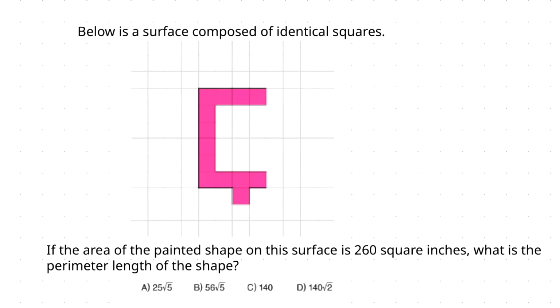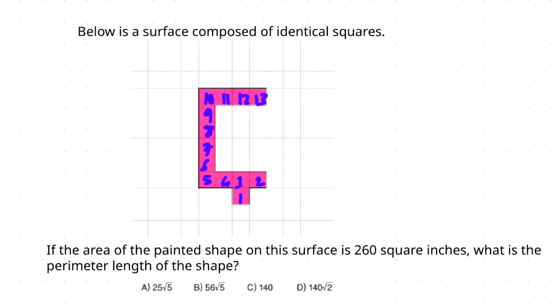How many squares are there, I wonder. Let's count the squares first. We have 1, 2, 3, 4, 5, 6, 7, 8, 9, 10, 11, 12, and 13.